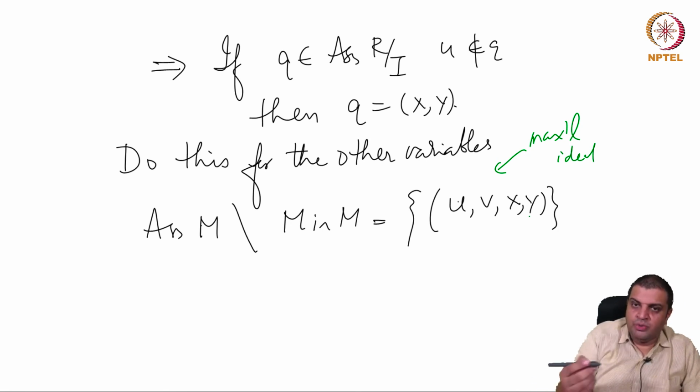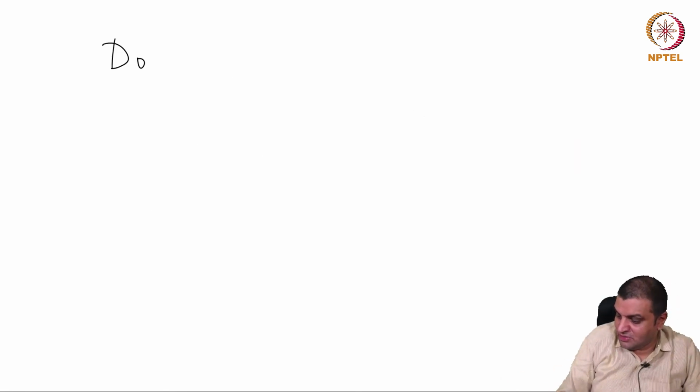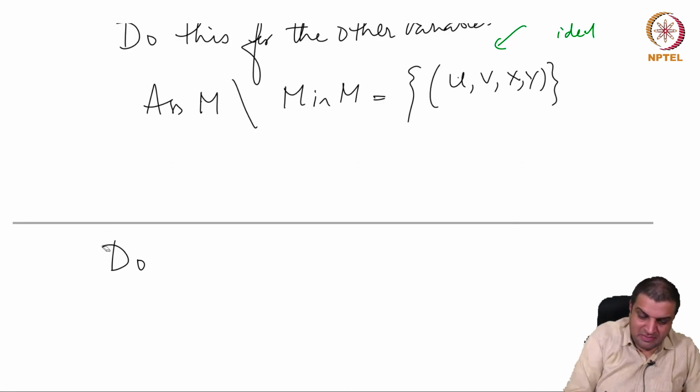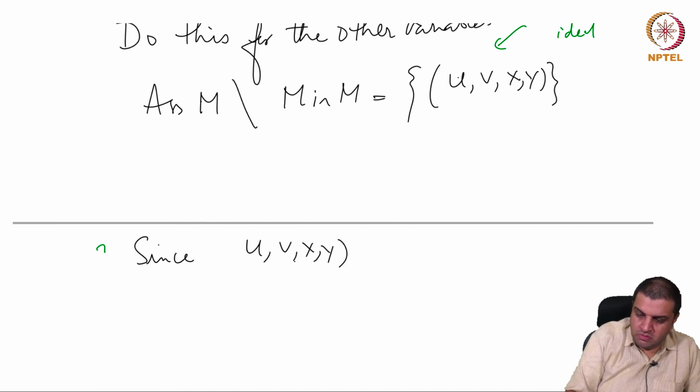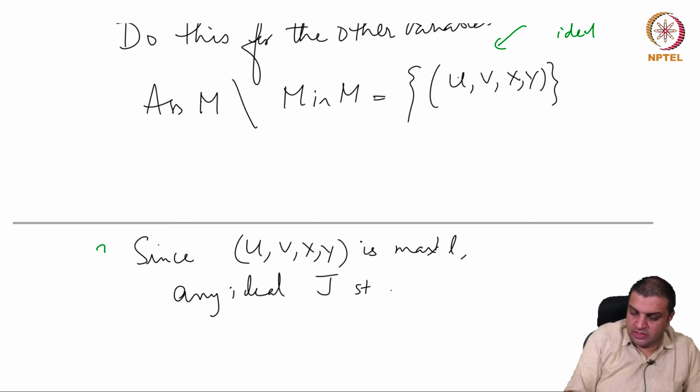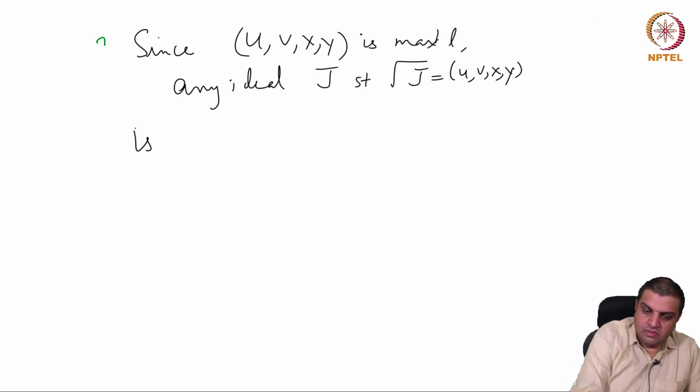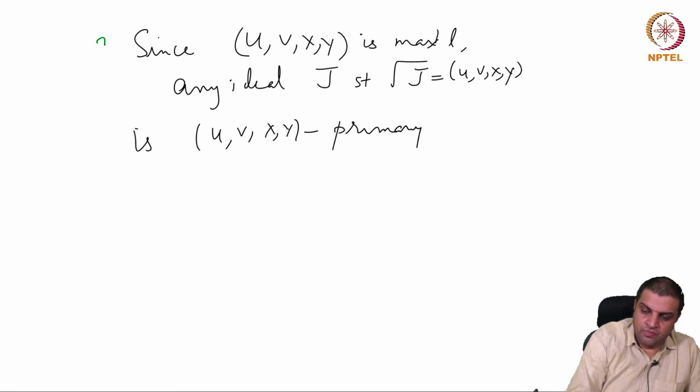And now, how do we write a primary decomposition? Well, because this is a maximal ideal, we are lucky: any ideal J such that the radical of J is (u, v, x, y) is (u, v, x, y)-primary.